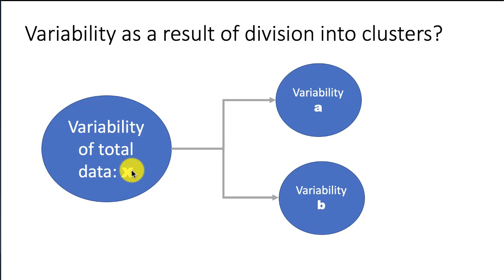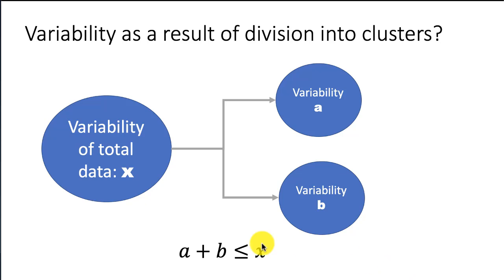That is because when you're talking about X, you have one average for the entire group, and there's going to be a lot of variability around that particular average. If you break it up into two small groups, you've got two different averages, and each of those averages is somewhat closer to the cases on which that average is based. So the total variability here is going to be less than this.